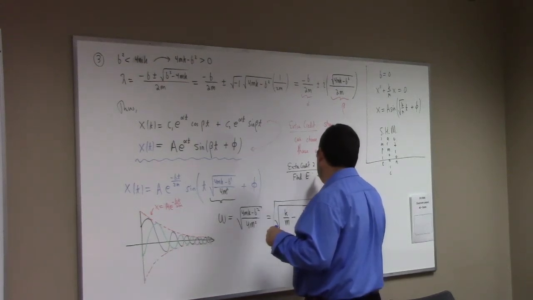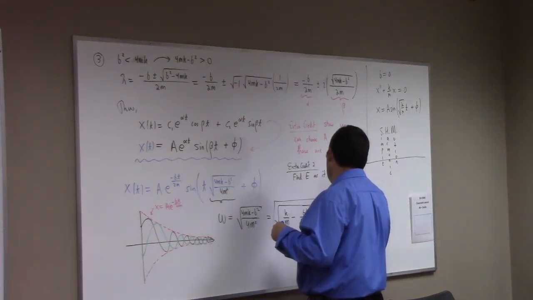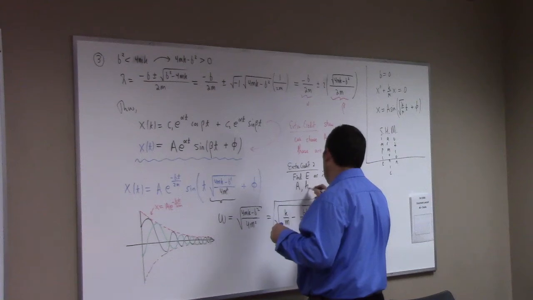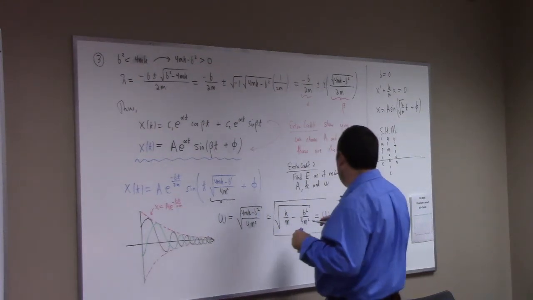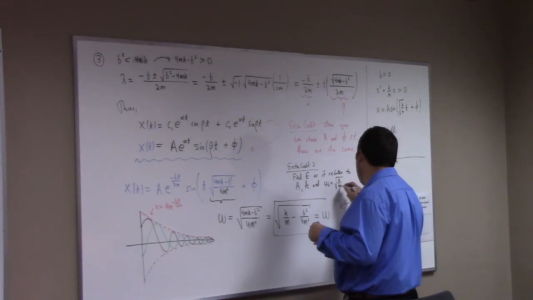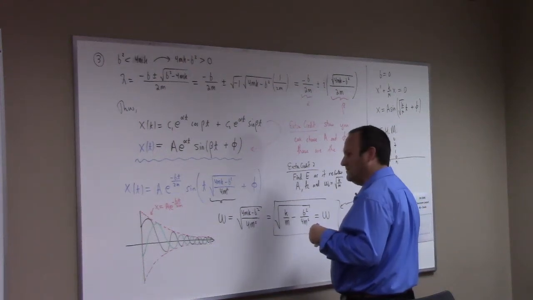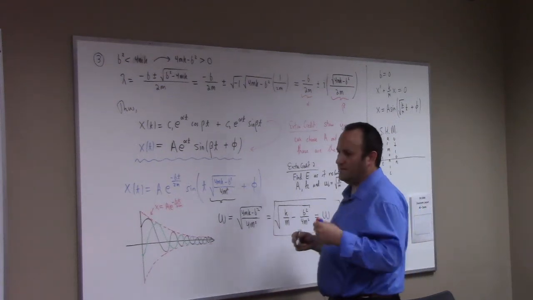Find E as it relates to A, K, and the quasi-frequency omega. Or does it, maybe it doesn't relate to the quasi-frequency, let's say omega naught equal to the square root of K over M. I don't know about that. Well, we'll just figure out the formula for the energy.